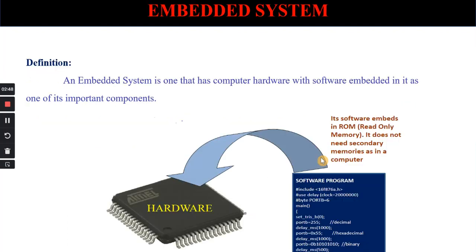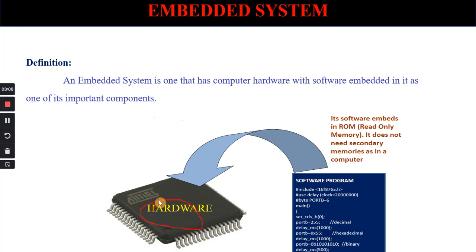Next, we see about embedded system. An embedded system is one that has computer hardware with software embedded in it as one of its important components. Okay, see here we have a hardware.